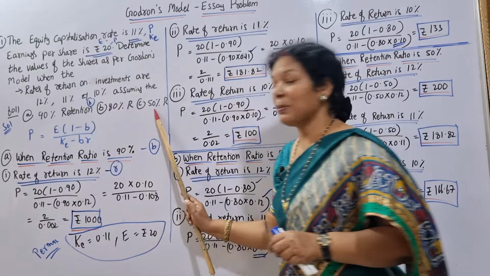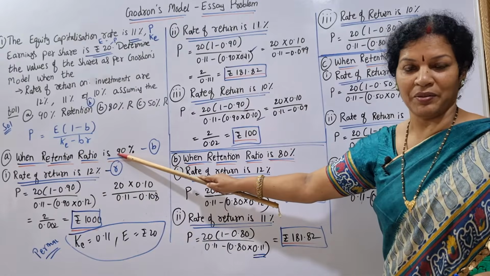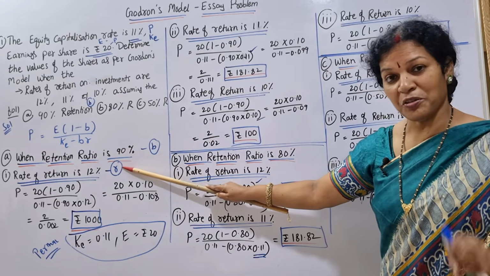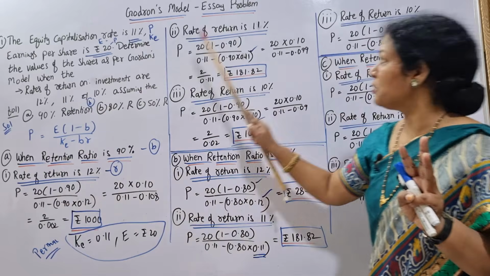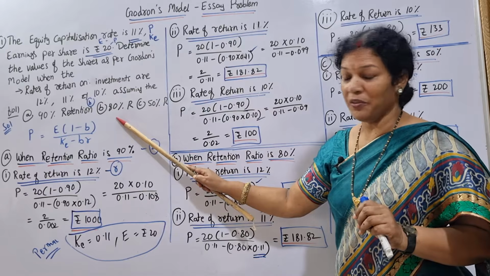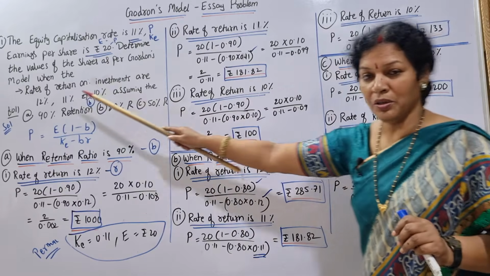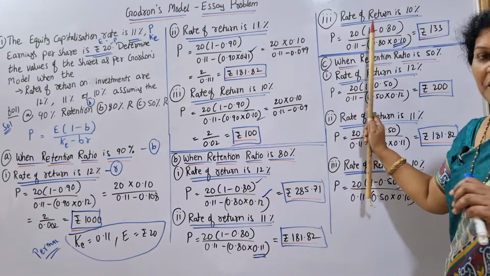When retention is 50%: retention of 90% we have done, and in 90% retention also 3 cases we have taken, rate of return of 12%, 11%, 10%. Second, retention of 80%, also rate of return 12%, 11% and 10%.